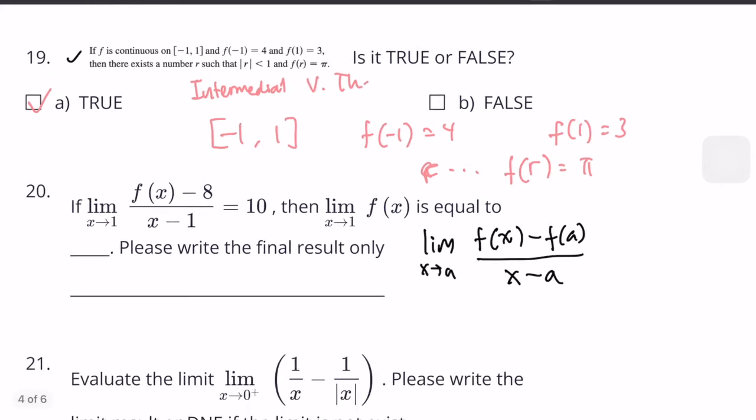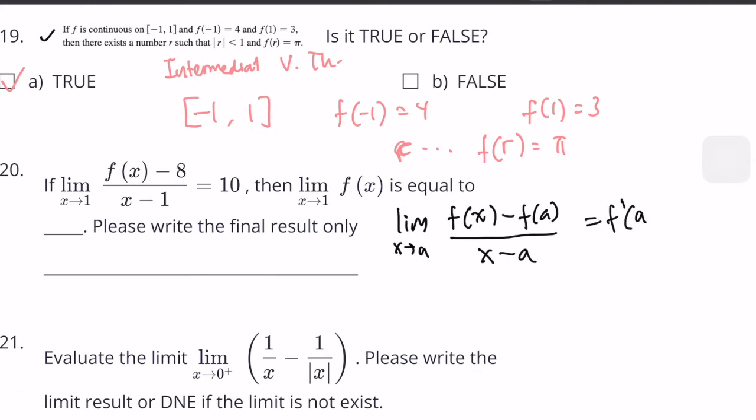This is actually the definition of f prime of a, right? But this is not about the f prime actually. If you look here, if you try to imagine that x is getting closer to a, this will be getting closer to 0, right? The whole thing here will be 0.